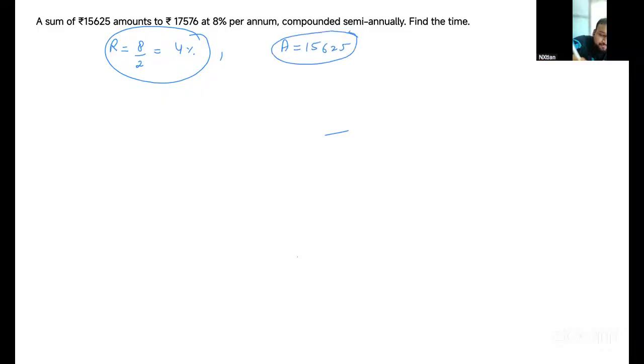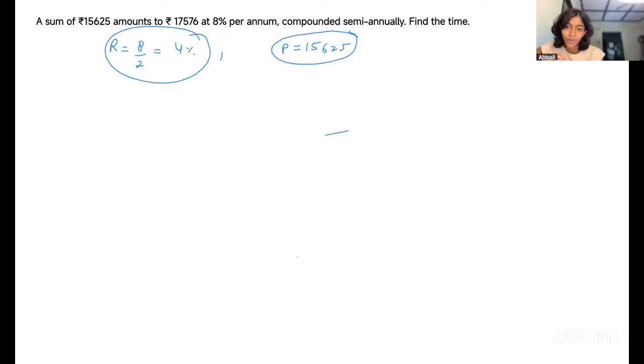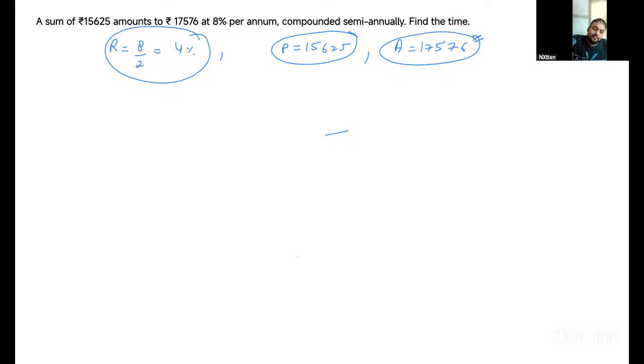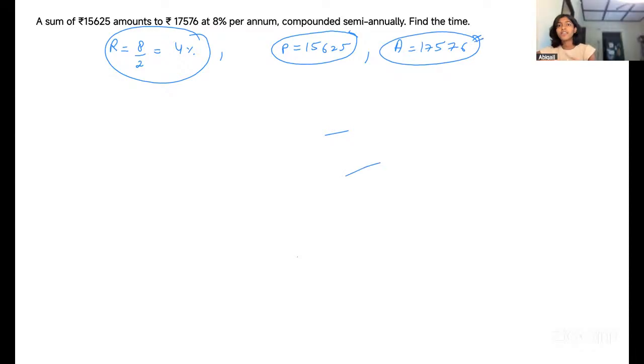Sir, not amounts of principal. Next, the amount is 17,576. Very good. And NT we don't know.